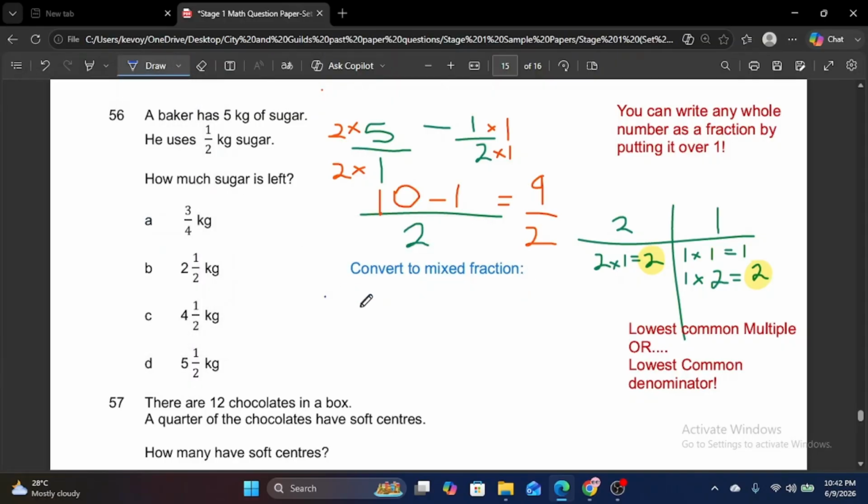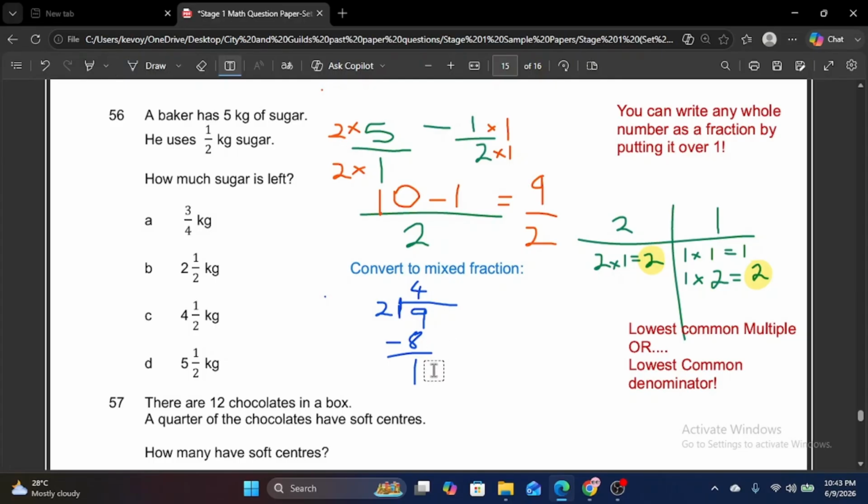So that's going to be 9 divided by 2. 9 divided by 2 is going to be equal to 4. 4 times 2 is 8. Subtract that, and you're left with 1.